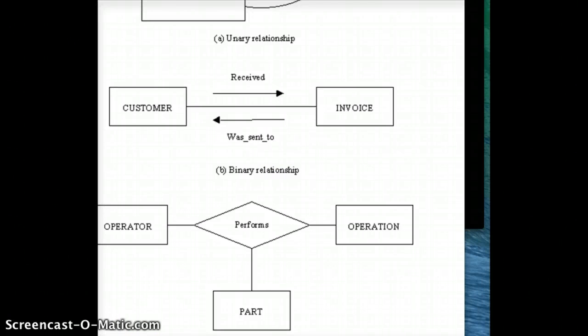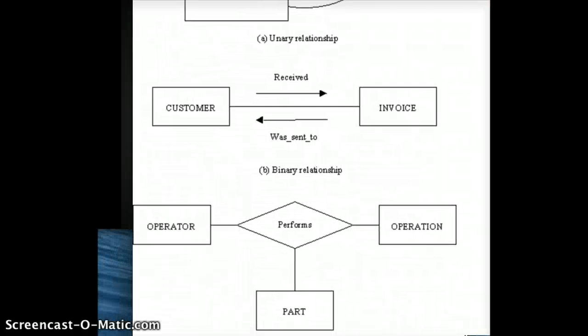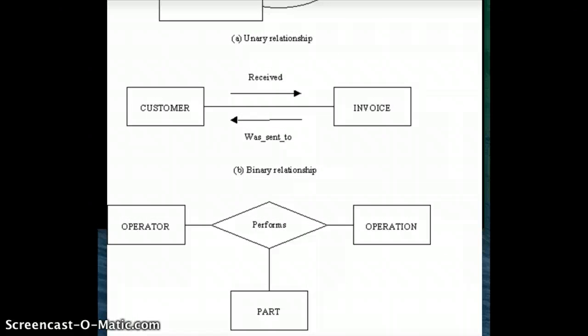So to close off relationships, we can understand that basically a unary relationship is the first degree. It only has one thing to deal with, as seen. A binary relationship has two entities or two things to deal with, and a ternary relationship is something with three.